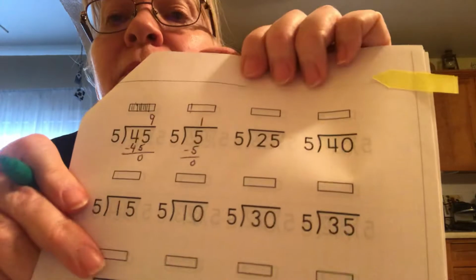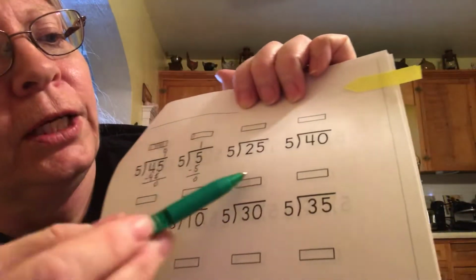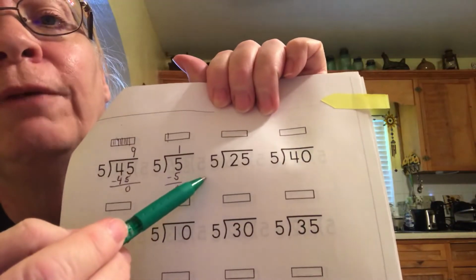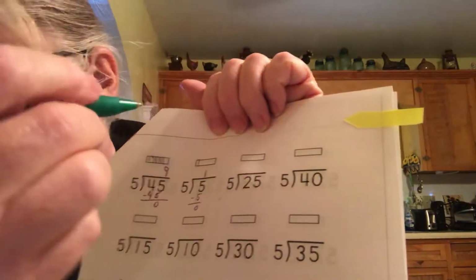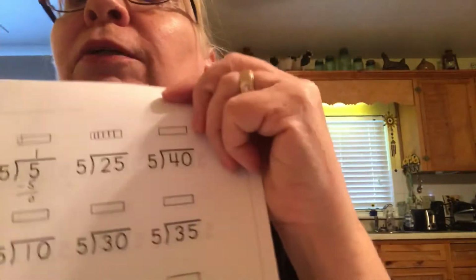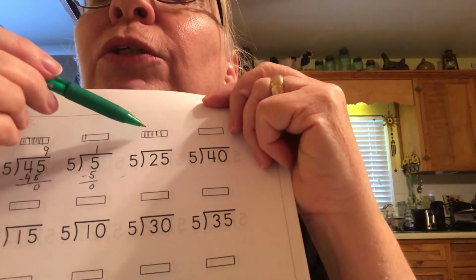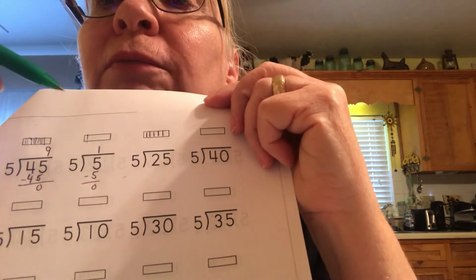Let's look at the next one. This is 25 divided by 5. So I'm going to use my tally marks, and I'm going to, let's see, I'm going to count 5, 10, 15, 20, 25. So I've got 1, 2, 3, 4, 5 marks, okay?